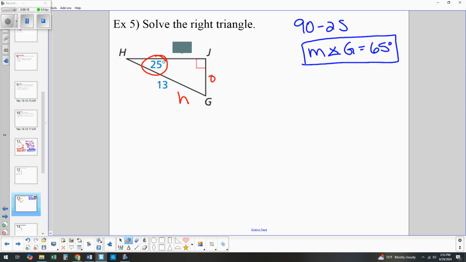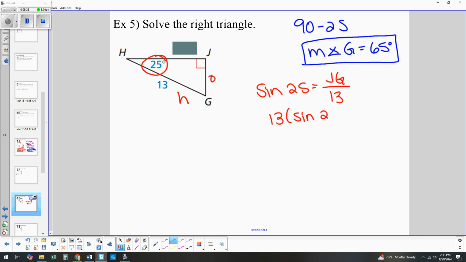So let's cover up the A side for now. So using O and H, that would be sine of 25 equals O, which is JG, over 13. So my variable's on top, which means I'm going to multiply. This is really going to be 13 times the sine of 25. And I get JG equals 5.49.